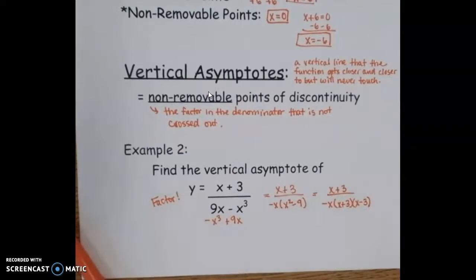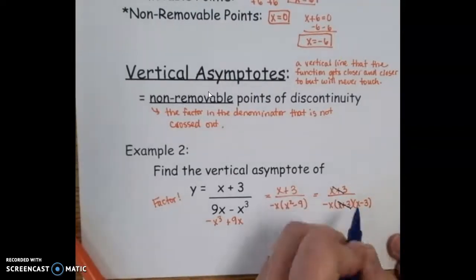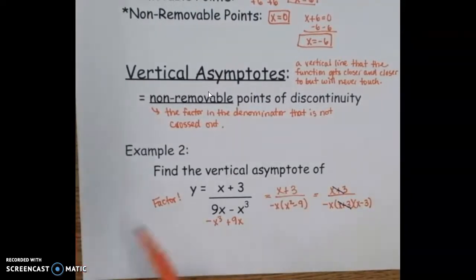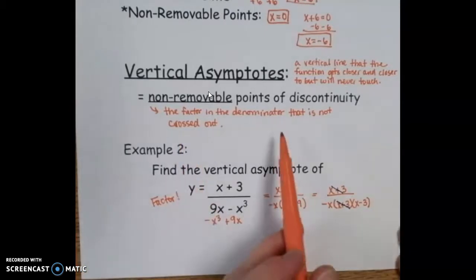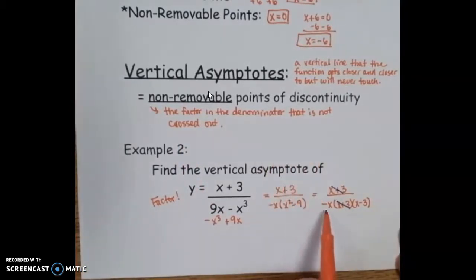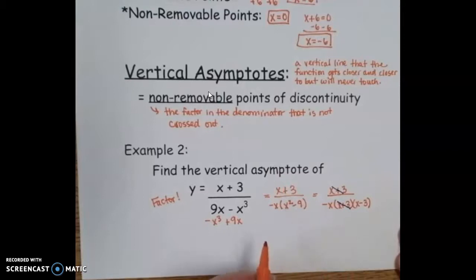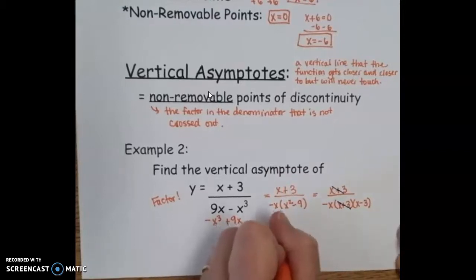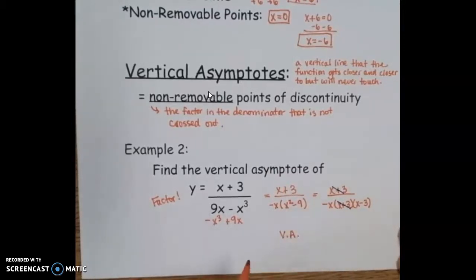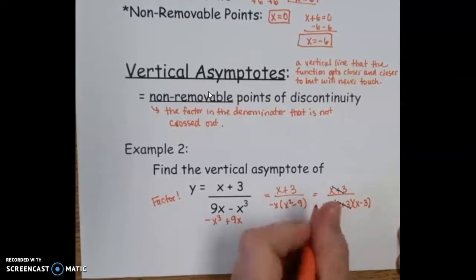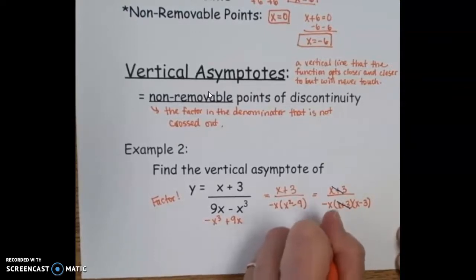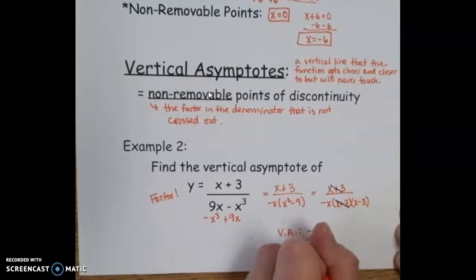So we'll have negative x times x plus 3, x minus 3. We're going to cross out our common factors of x plus 3, and then the vertical asymptotes come from the factors of the denominator that were not crossed out. So in this case, I'm going to put VA for vertical asymptote. We did not cross out this negative x, so we're going to set that equal to 0. You would divide by negative 1, so x equals 0.